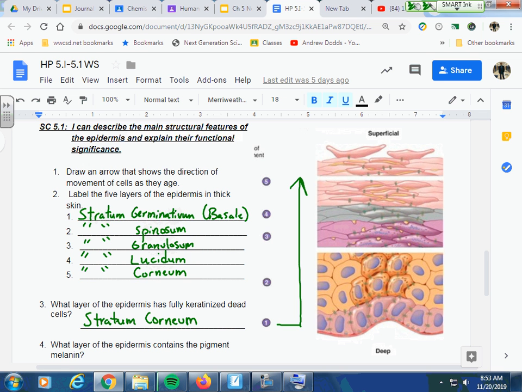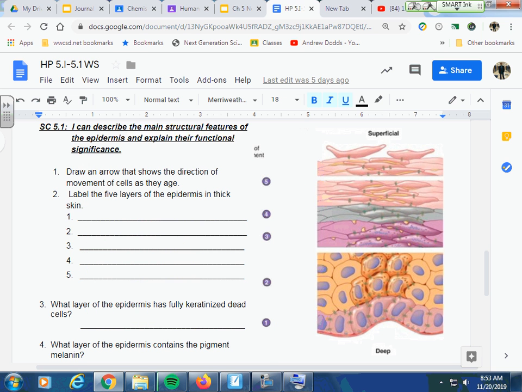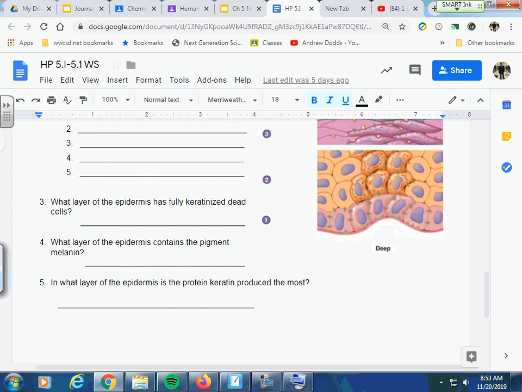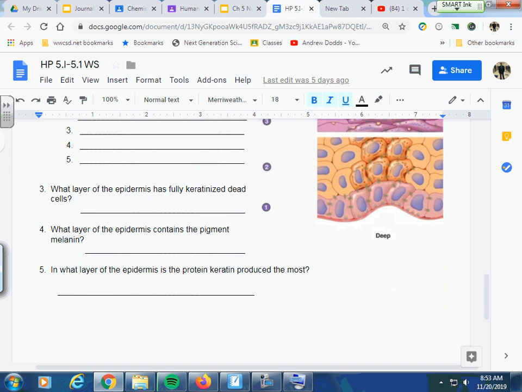And number 4, what layer of the epidermis contains the pigment melanin? It's produced by those melanocytes, which are found in the stratum germinativum, aka stratum basale.